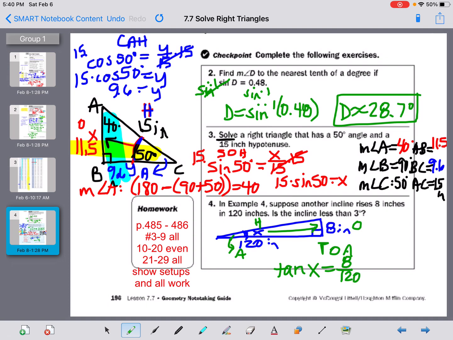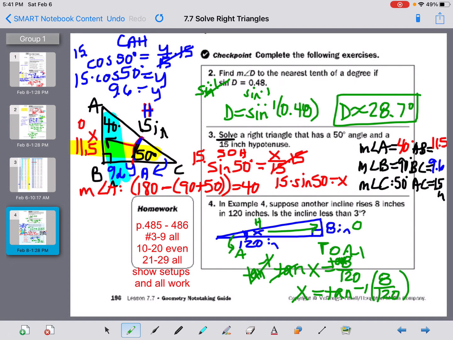What's my variable? X. What's connected to X right now? The tangent. How do I get rid of a tangent? I take the inverse tangent. What I do to one side, I do to the other. These two cancel. I'm left with X equals inverse tangent of 8 over 120.